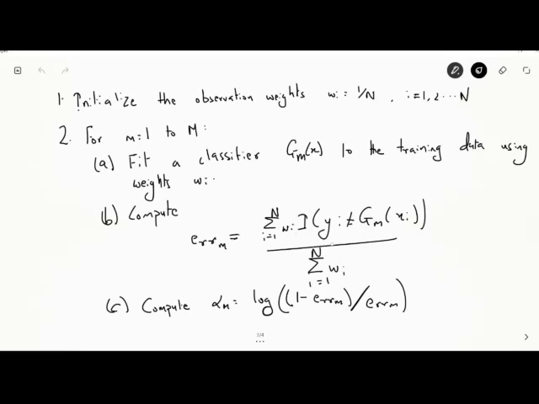I is the indicator function which gives you 1 if it is being misclassified and 0 if it is not. So we are only counting those weights which correspond to the data points which are being misclassified by GM.